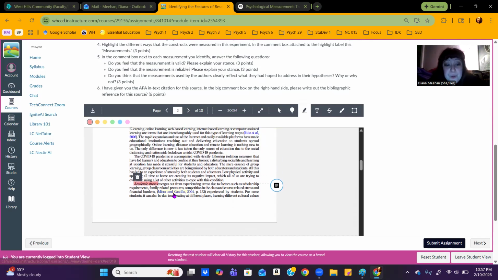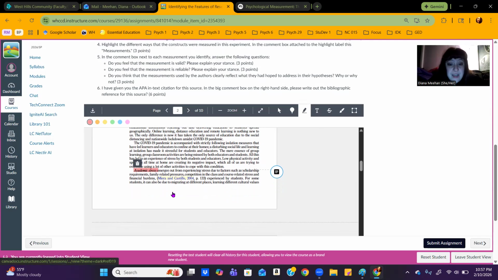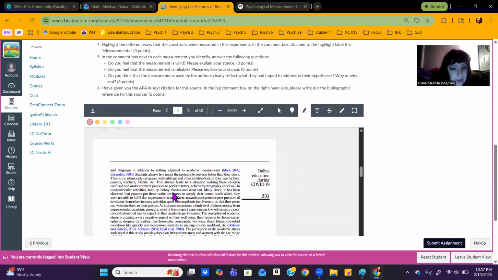And again, they're using past research. They're saying this operational definition is supported by this person. So you're still using past research as support, but they are saying this is a construct that we're going to be working with, and this is the operational definition. I'm going to keep going.